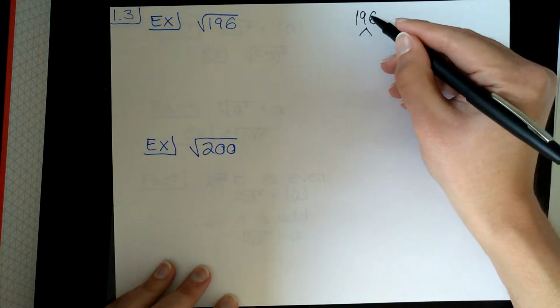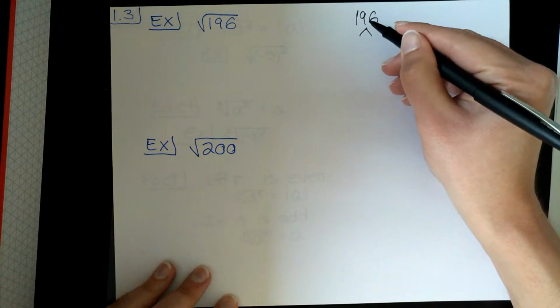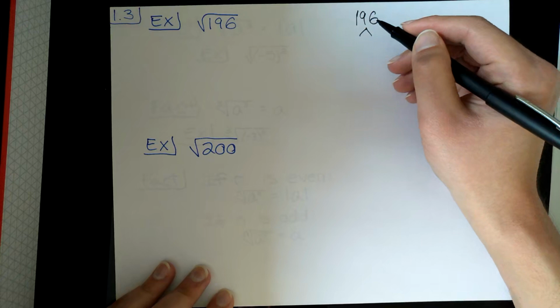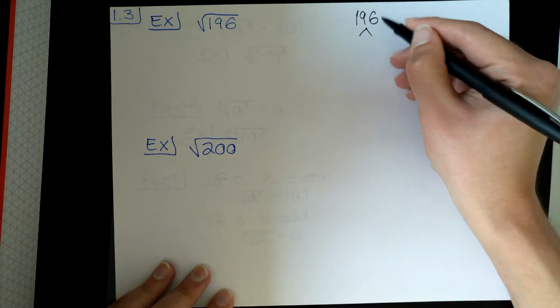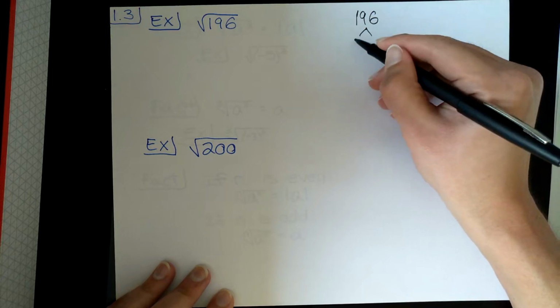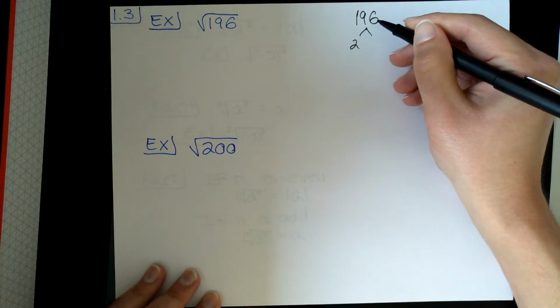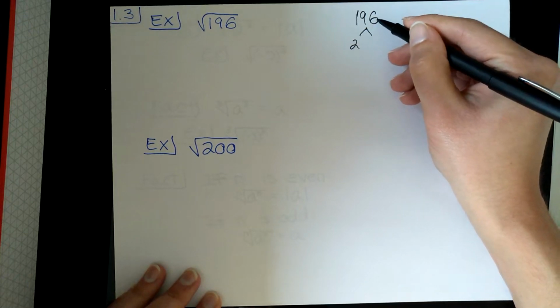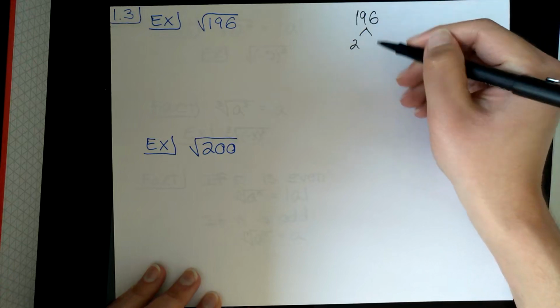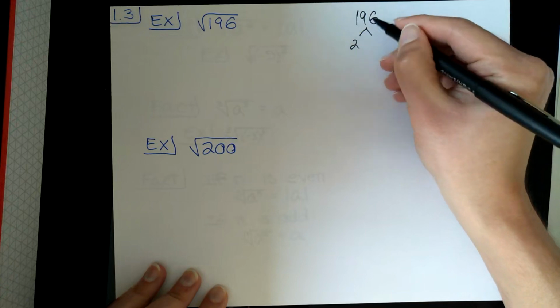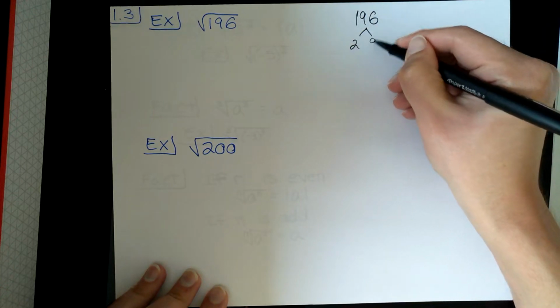So we need to take 196 and find two numbers that multiply to give us 196. Since it ends in an even number, it's automatically divisible by 2. If it ends in a 0, 2, 4, 6, or 8, it's going to be divisible by 2. And if we divide 196 by 2, we'll get 98.